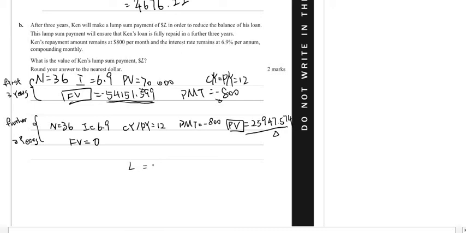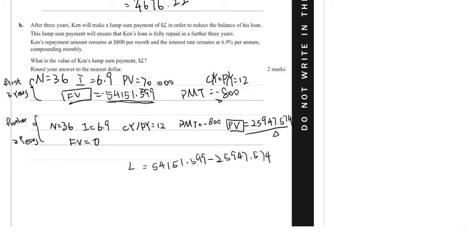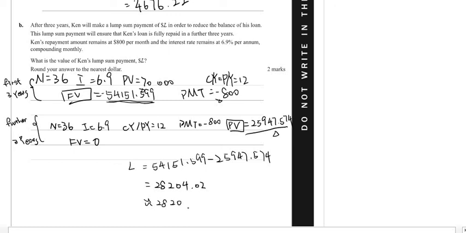So L is equal to 4151.599 minus 25947.574. And the question asks us to round it to the nearest dollar. Then the lump sum money is $28,204.